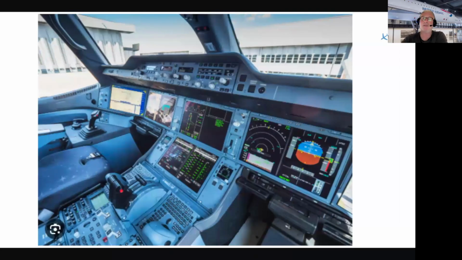So within 50 years now, I know the way the angle is, it looks like pilots are now lying down, but they practically are lying down. It's a very easy job for them nowadays. This is the A350, and you can see it's just a load of screens, multifunction displays. In other words, a display that you can adjust.